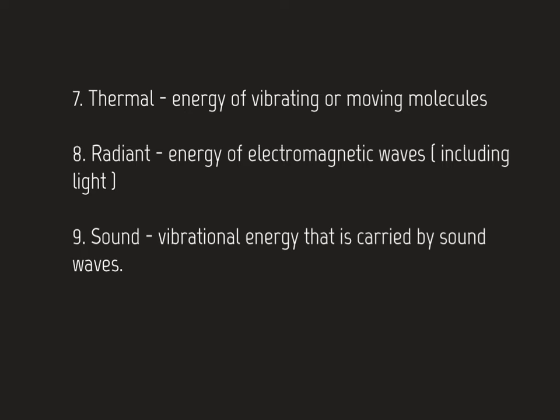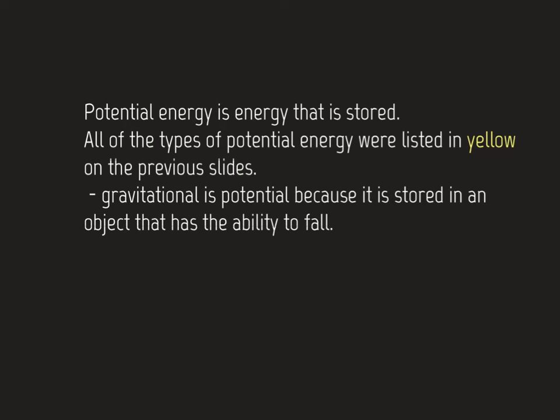And I had mentioned that some of those were in yellow for a reason. So potential energy is energy that is stored in objects, right? All of those types of energy that were listed in yellow were types of potential energy. So that was gravitational, chemical, nuclear, and elastic. Those are the 4 types of potential energy that we will talk about.